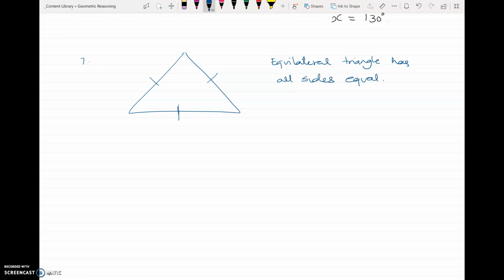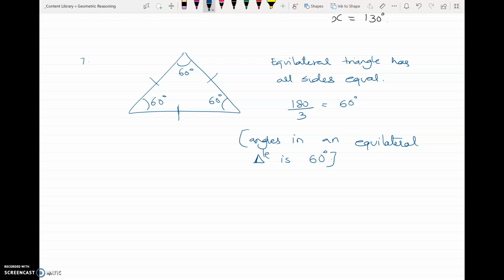And what it means is that all the angles will be equal too, which means if I divide 180 by 3, it will be 60, which means the measure of each angle of an equilateral triangle is 60. So that's the next property. Angles in an equilateral triangle is 60 degrees. So that's our next rule.